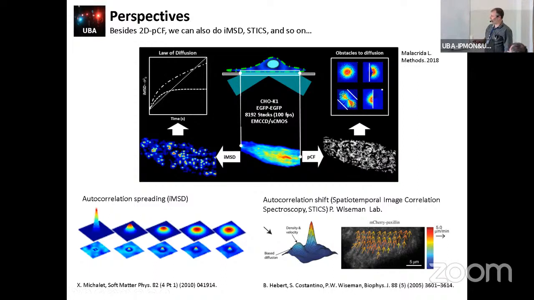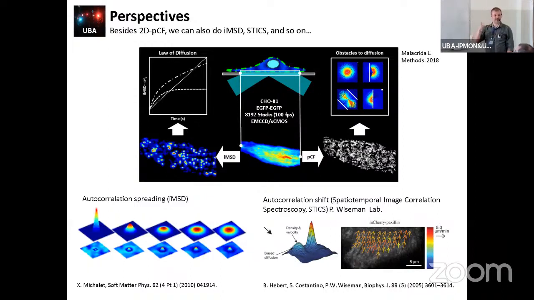So with all these techniques, you can combine number and brightness, and nowadays Elizabeth Hinde has developed an updated version of the pair correlation, in which, first of all, they select the fluctuations based on the amplitude, which means the brightness. So you can do the pair correlation analysis of the oligomers or the monomers.